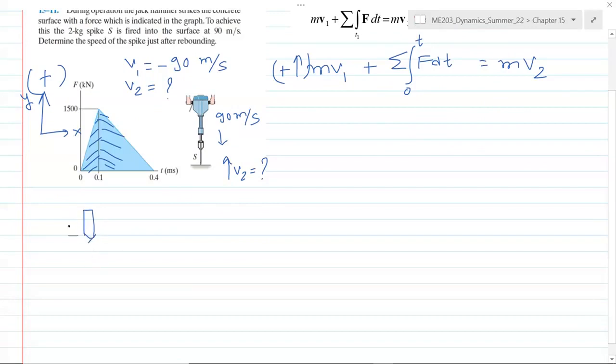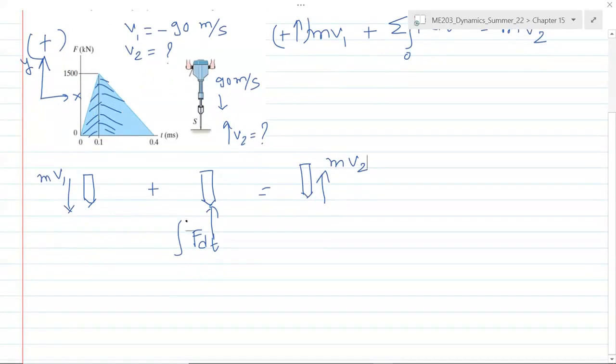This is the initial momentum of the spike plus the impulse force applied from the ground. As a result, the spike changes its direction and moves upward. So this is the final momentum of the spike. Remember, always draw the impulse-momentum diagram: initial momentum plus impulse equals final momentum.